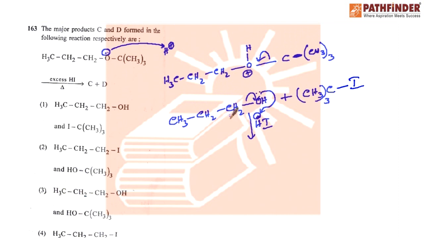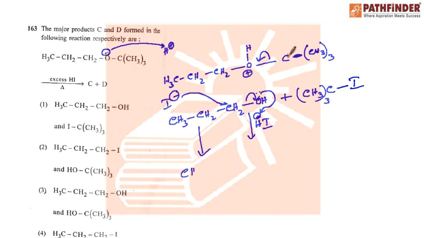It is a 1 degree carbon, and when this OH2 plus is there, I minus will attack from the back side and liberate H2O, because OH2 plus is a very good leaving group. So here also no carbocation actually forms. In the first step, C(CH3)3 gives C plus, and I minus comes and attacks C plus and forms C(CH3)3 I.